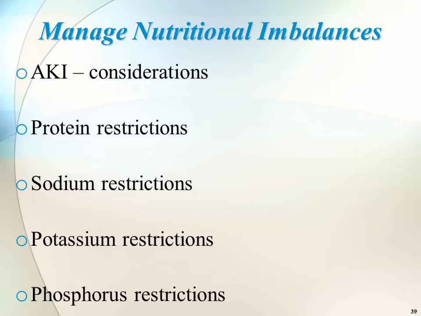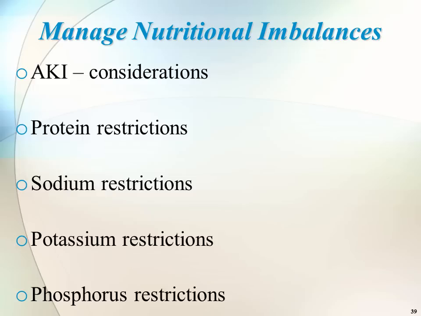So we try to limit the amount of protein, sodium, potassium, and phosphorus. So limit, because we don't want that protein calorie malnutrition for those with chronic kidney disease. And like I said, those with acute kidney disease are going to have enteral feedings to prevent muscle catabolism.